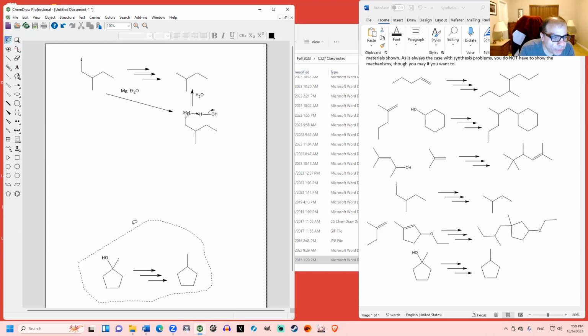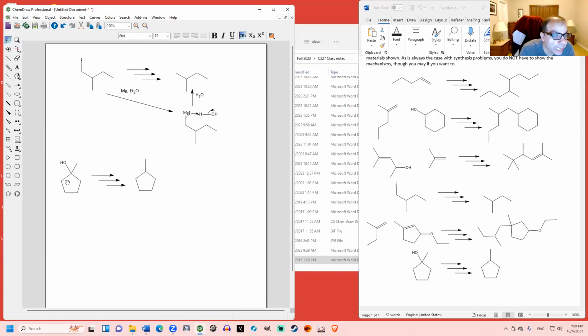We have a very similar question here, and this actually, we're going to use the reaction that you just asked about. We can form that alkane from this Grignard reagent by treating it with water.